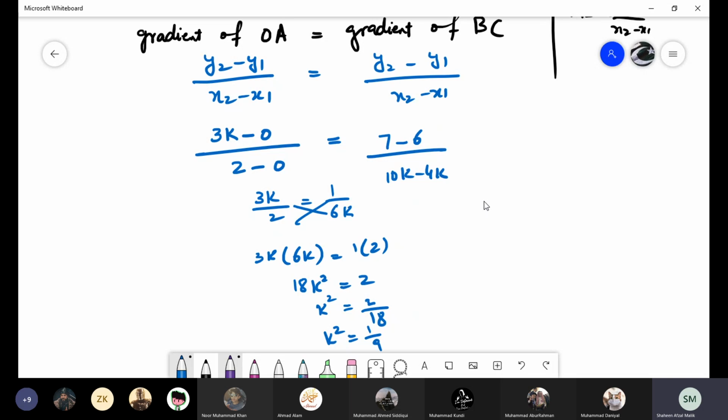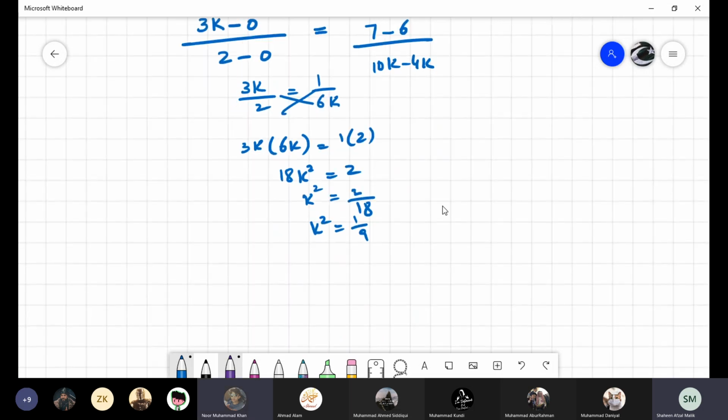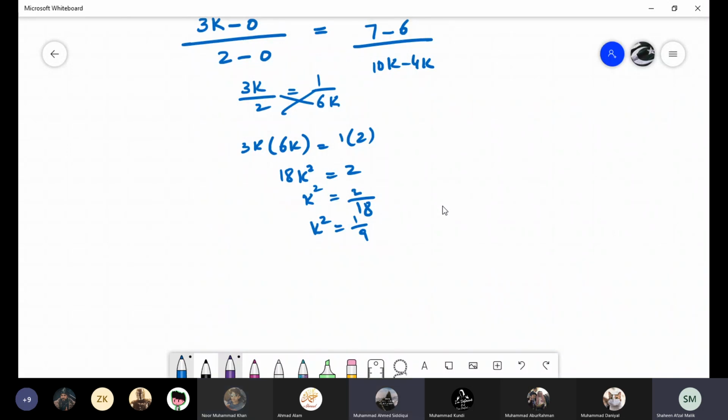How can we find k from k square? Take the square root on the calculator. 1 over 3. So k is equal to plus minus 1 over 3. This is the answer.